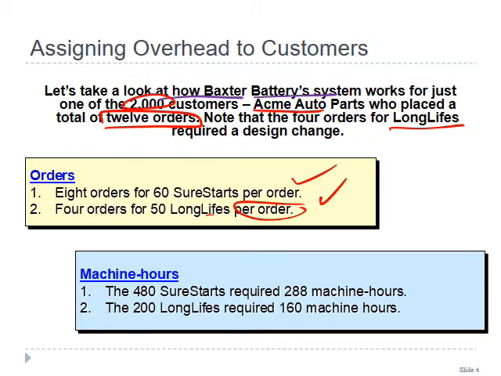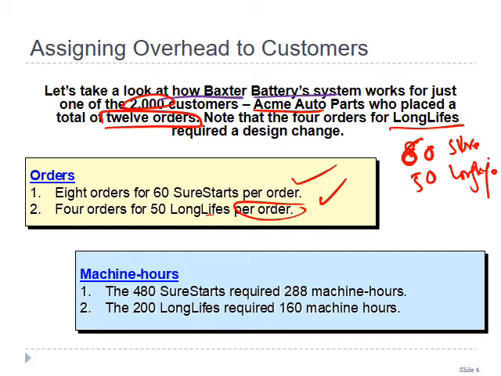It means one order minimum requires 60 standard or short start, and one order consists of 50 long life. For example, if Acme Auto Parts just gives one order for the short start, it means one order contains 60 short start, right?